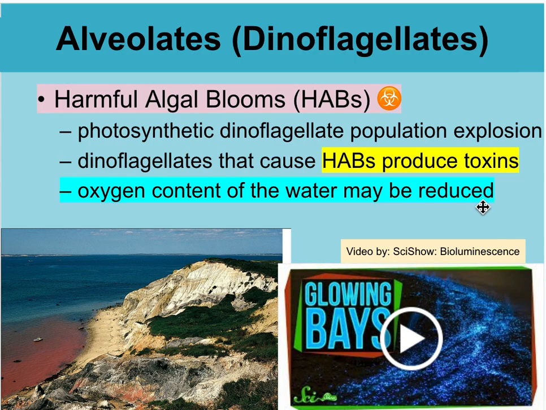So dinoflagellates, if that didn't make them awesome enough for giving us coral, they can also make harmful algal blooms, where you get these things called red tides and they choke out other things. The way that happens, here's a video by SciShow on bioluminescence, is basically in places like Southern California, we'll have times of extreme extended drought.